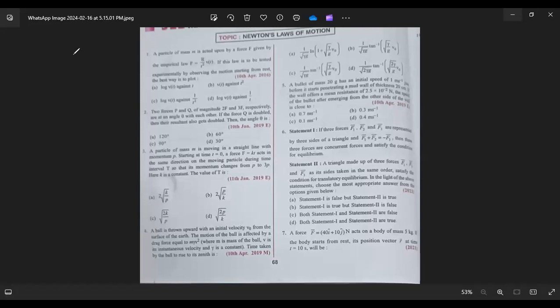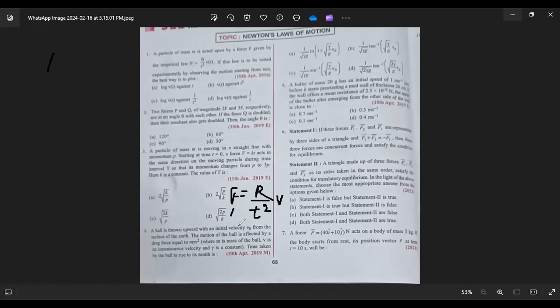First of all, you write F is equal to R upon t square into v, given.